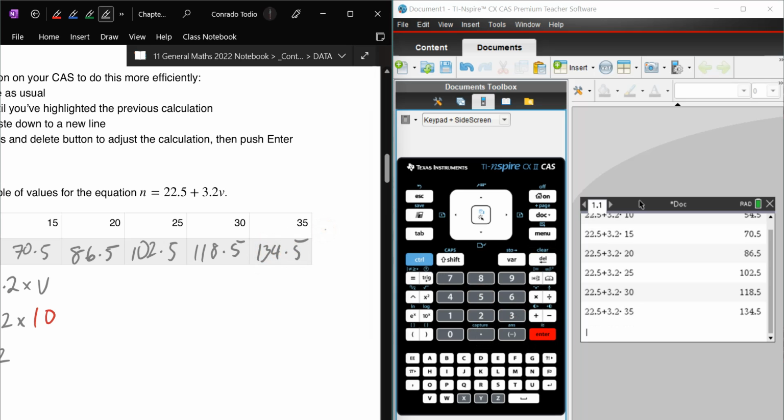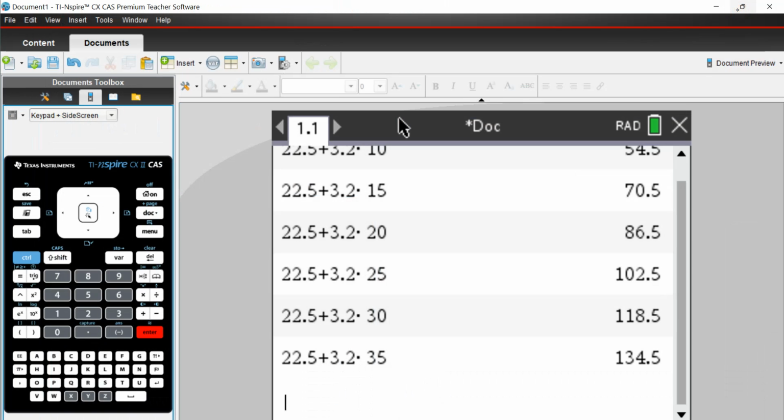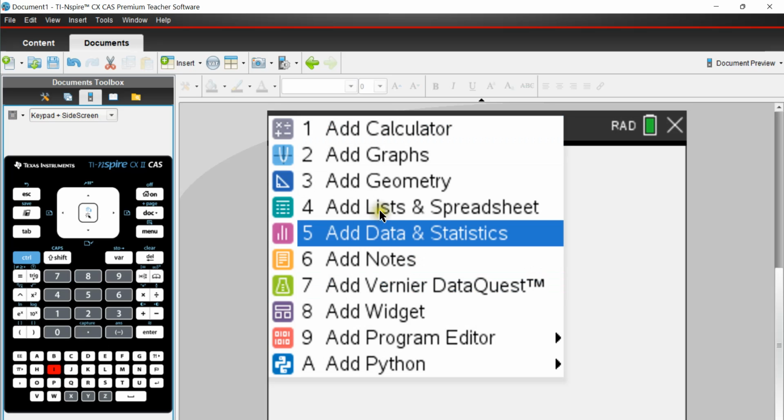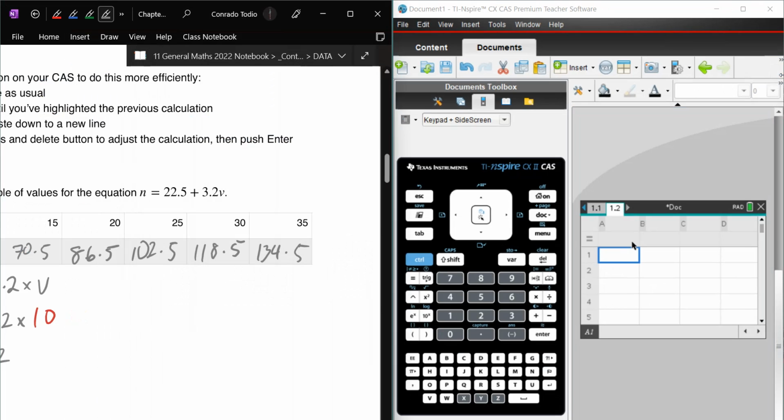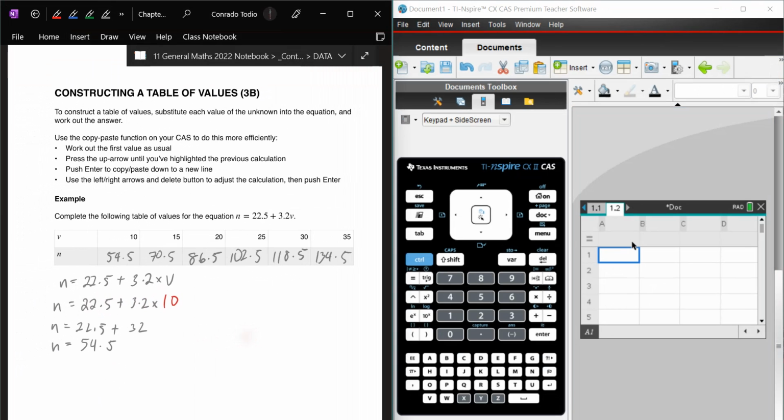Okay. Now, that is a bit tedious. I get that. So what we can do then on our calculator is you can actually do this on a spreadsheet. So if I'm on this menu, I press Control I and add a list and spreadsheet. Now, if you look at the variables, I can see that the two variables are N and V. So what you want to do first is put your V variables in.